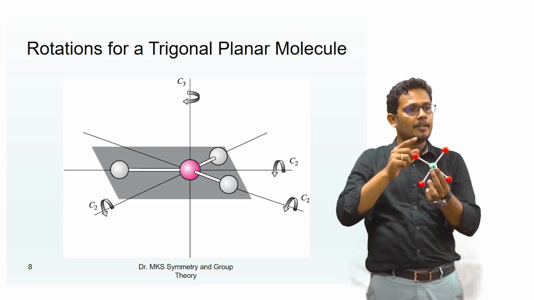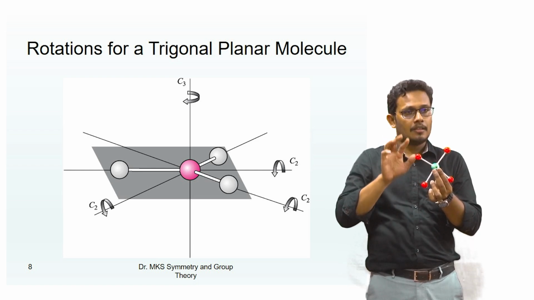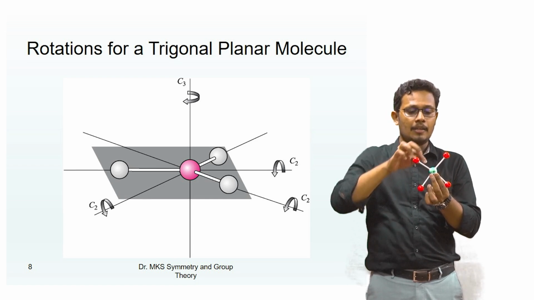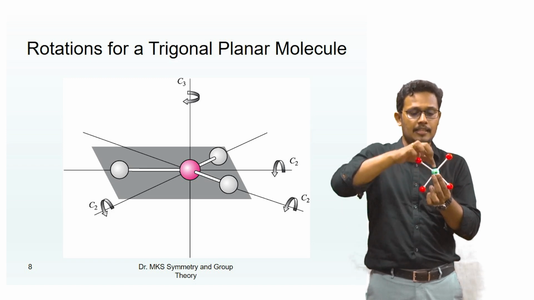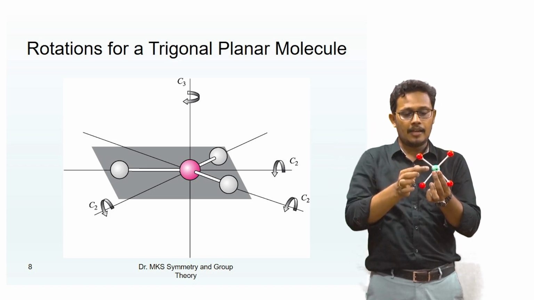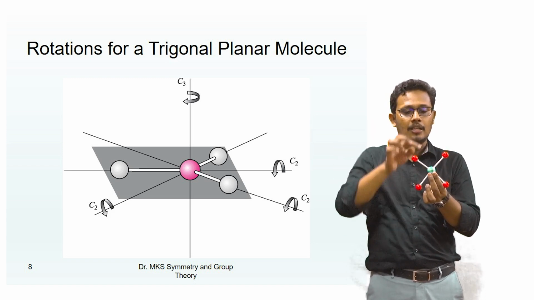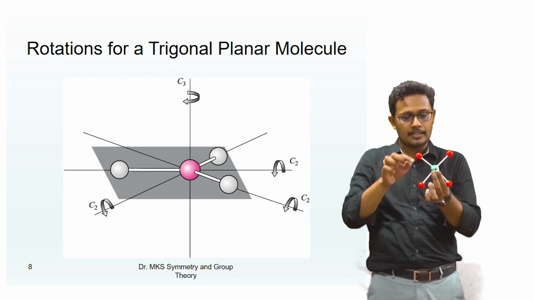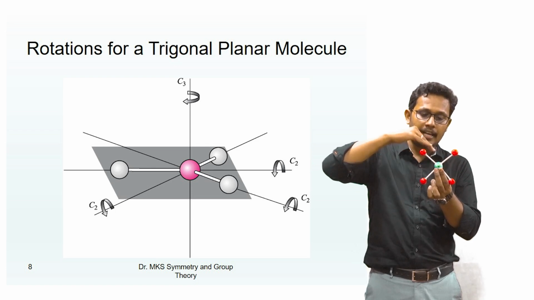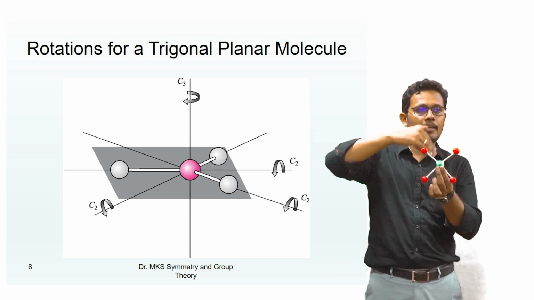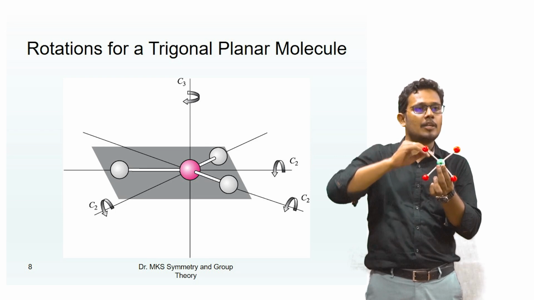So, according to definition, sigma d, the dihedral plane, is nothing but a plane which bisects 2 consecutive C2 axes. See, here we have C2 axis 1 and here we have a second C2 axis. Between these 2 C2 axes, we have one plane, right? If you cut this molecule like this and place a mirror, you can easily see an indistinguishable structure.